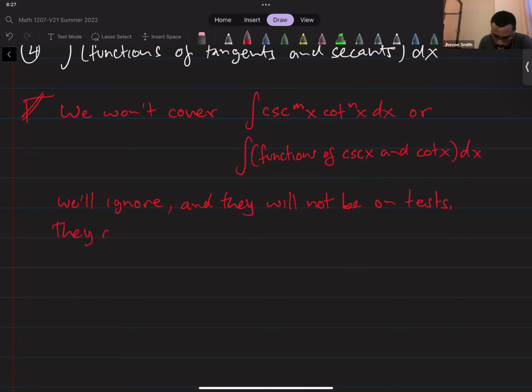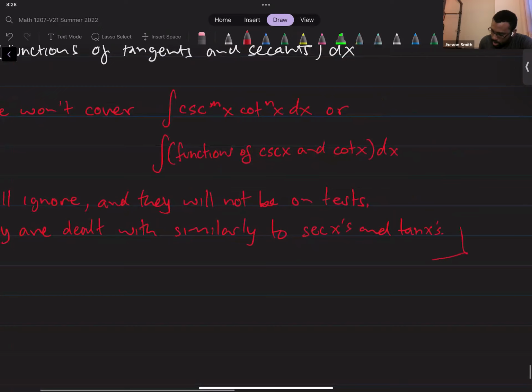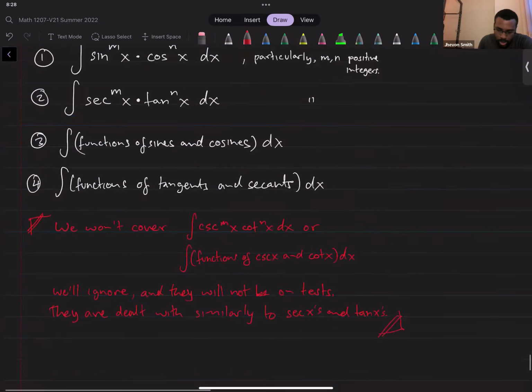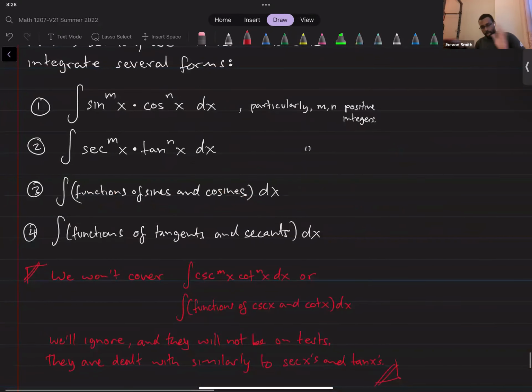They are dealt with similarly to secant and tangent. Yeah, so don't worry about knowing how to deal with those guys. We're only going to deal with these 4 types, right? We're going to learn how to integrate these 4 types, right?